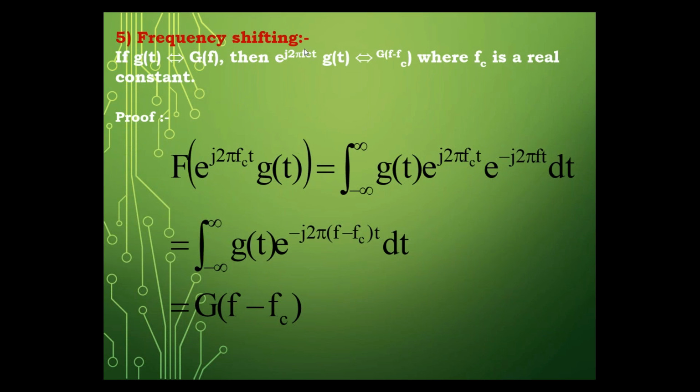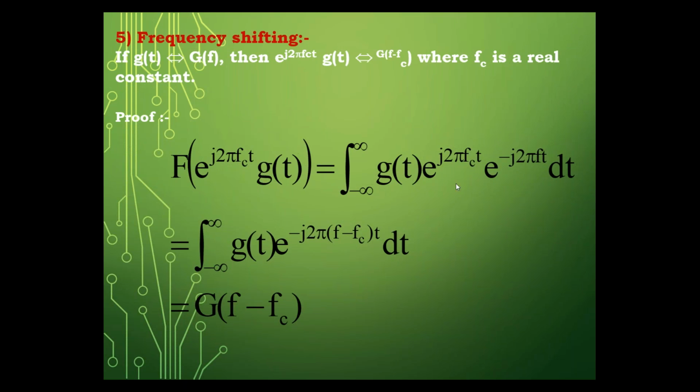First, we'll take the Fourier transform of e power j2 pi fct into g of t. So directly we'll consider the Fourier transform of e power j2 pi fct g of t. That means your g of t is this one. When you write the Fourier transform, it is the integral of this g of t into e power minus j2 pi ft dt.